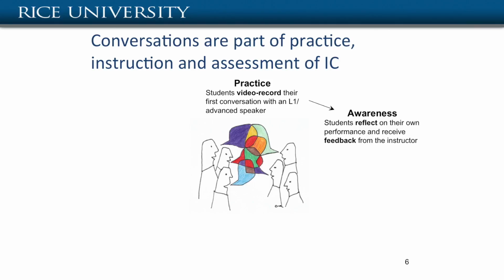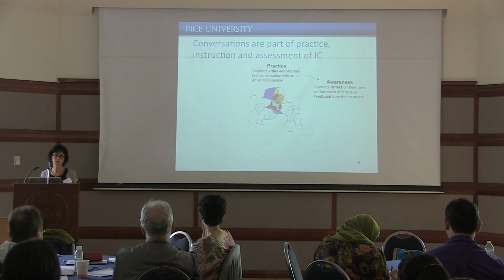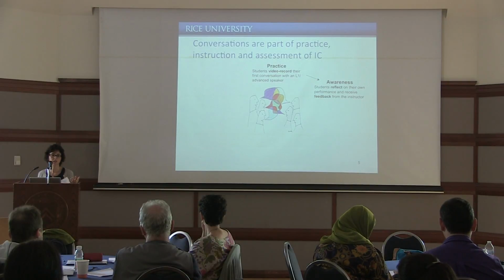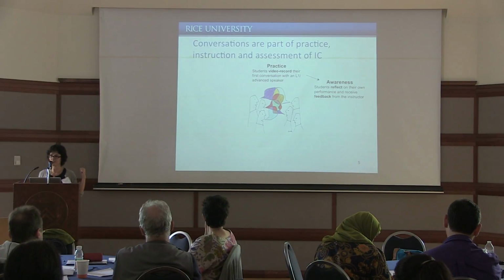In this self-assessment checklist that they complete when they assess what they did, we decided to include three very important aspects that we saw they were lacking when we watched the first videos, like the ones that you saw earlier.